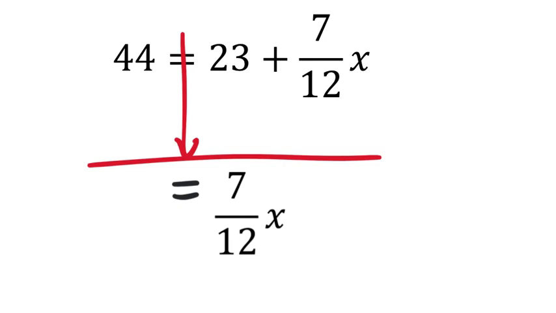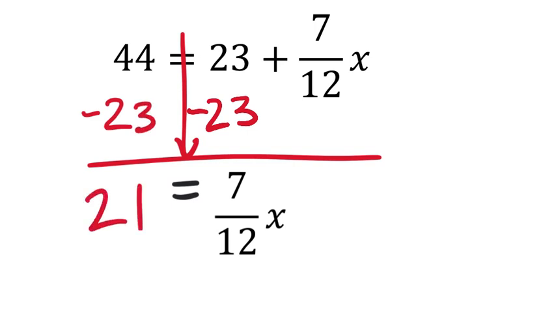And by it has to go, it means I'm going to change it into a 0 simply by subtracting itself. 23 minus 23 will be 0. 44 minus 23, though, looks like we get 21. And then, yeah, 23 minus 23 is 0. So I zeroed that out. I dropped my 7/12 x already, so that's good.